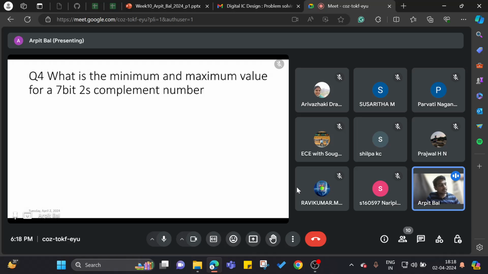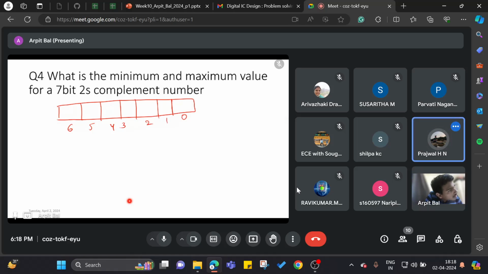So what is the minimum and maximum value for a 7-bit 2's complement number? Okay, let us start. 63 is the maximum.